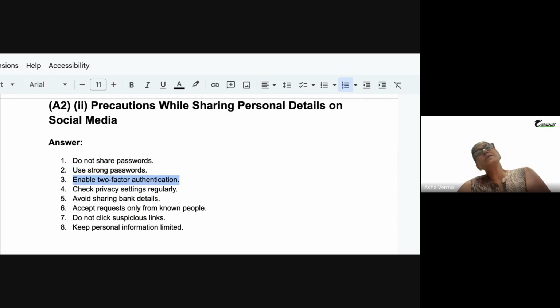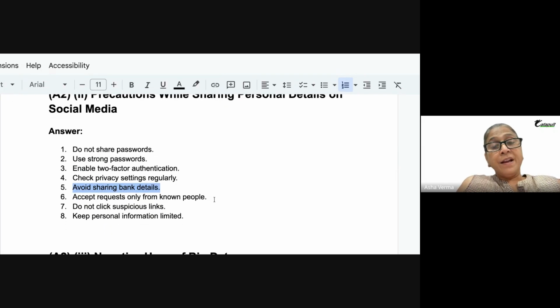So not just the password, there should be some two-factor authentication where you get an OTP or you have to click and say, yes, you are the one trying to log in. There is two-factor authentication in most websites and apps. Check your privacy settings regularly and make sure you don't have any information that is public. Avoid sharing bank details. Do not accept requests from unknown people. Accept requests only from known people.